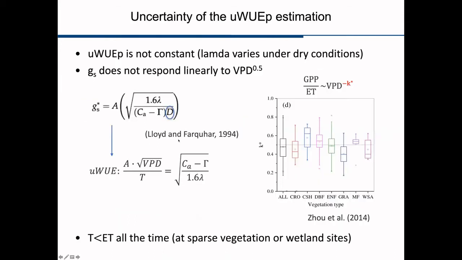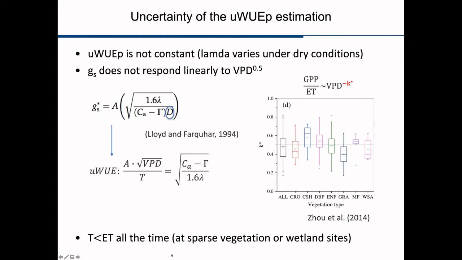However, there may be uncertainties in the estimation of uWUEp at some sites. This uWUEp is derived from the optimal stomatal conductance responses to VPD. If stomatal conductance doesn't respond linearly to the square root of VPD, or if the marginal water use efficiency lambda is not constant, uWUEp would be time varying.